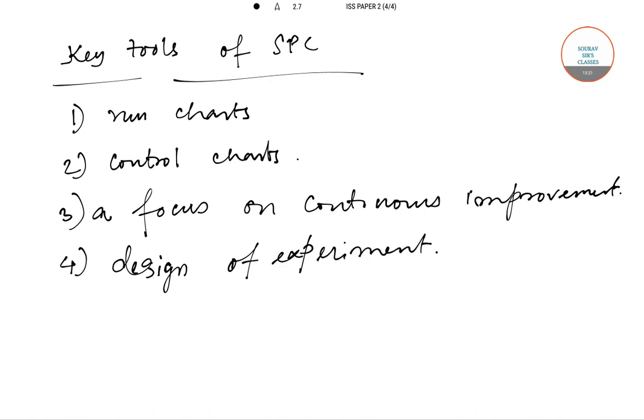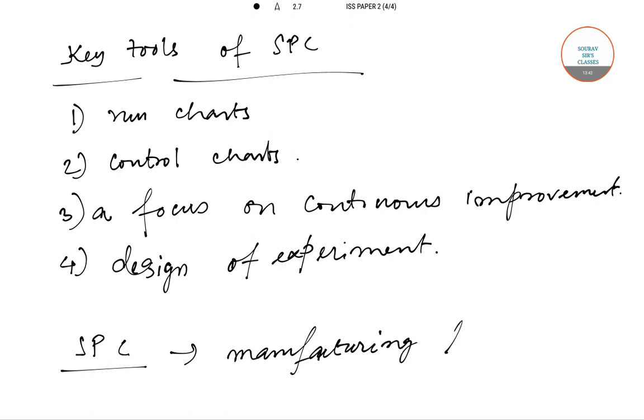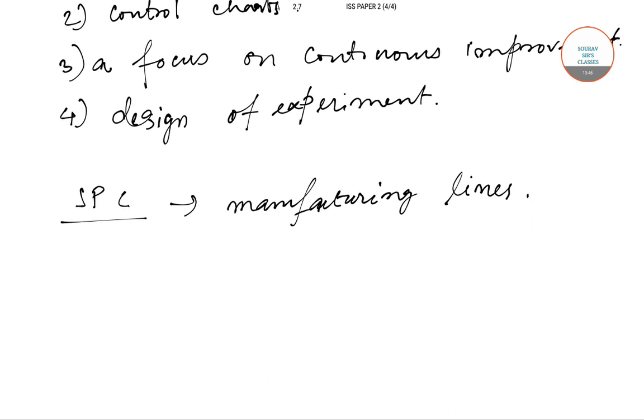So if I ask you about an example of using SPC, where will you apply this SPC? An example process where SPC is applied is manufacturing lines. Now there is also another very important and interesting thing about SPC.